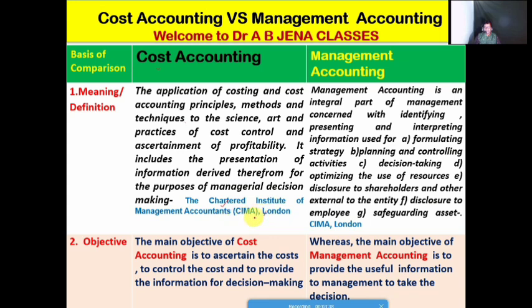According to CIMA, cost accounting is the application of costing and cost accounting principles, methods and techniques to the science, art and practice of cost control and ascertainment of profitability. It includes the presentation of information derived therefrom for the purposes of managerial decision making. So this definition has been given by CIMA, London.